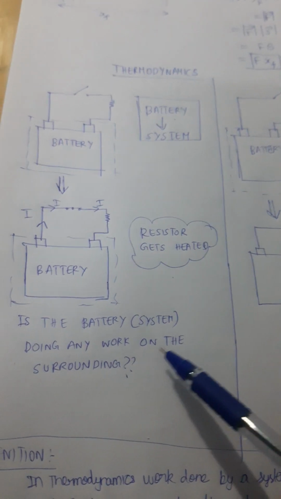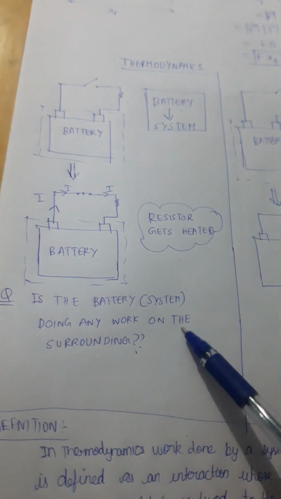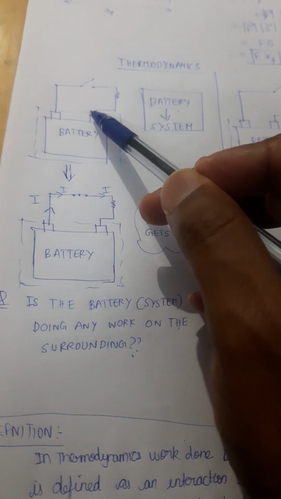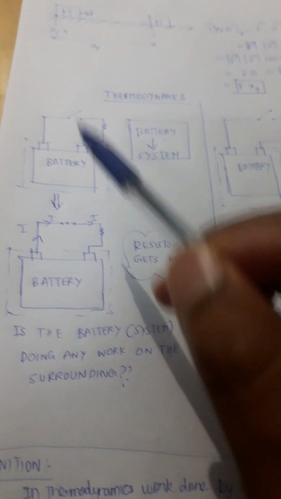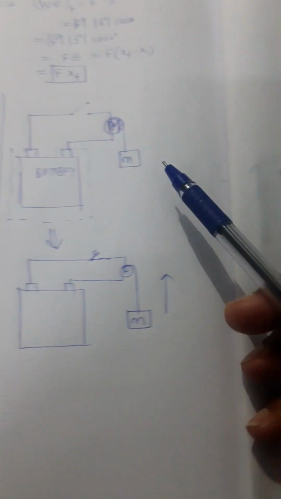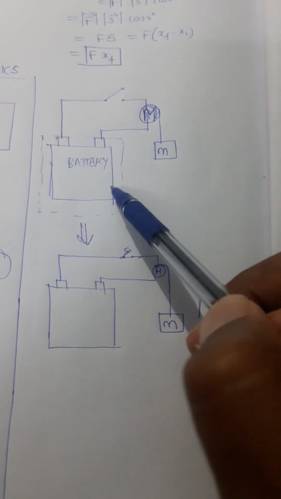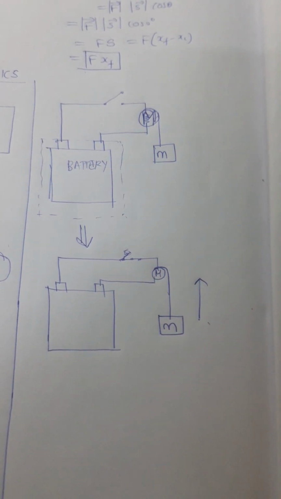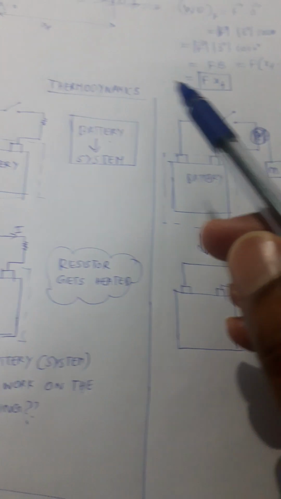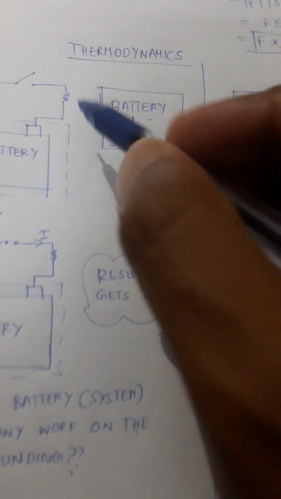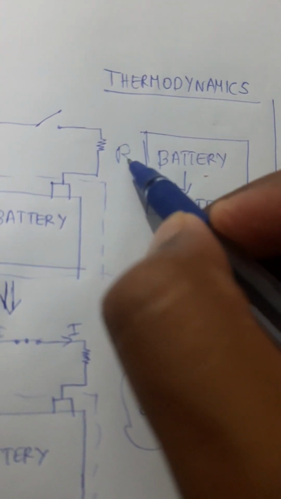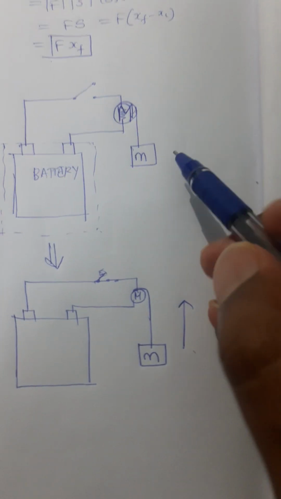To understand this problem much better, let us make some small modifications in the circuit. I am going to consider the same battery and the same switch in the circuit setup, but the change I am going to make is to replace this resistor R with a motor.